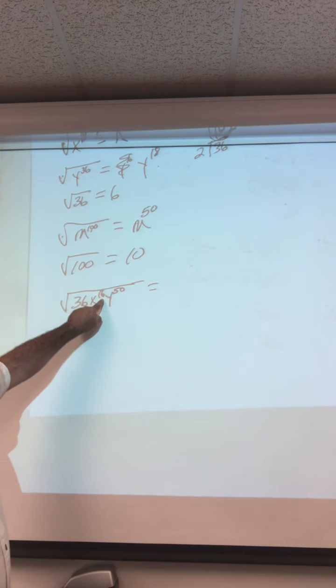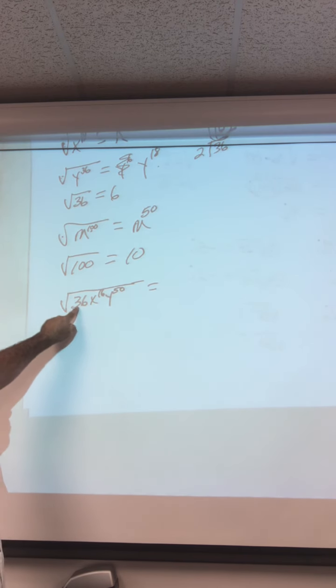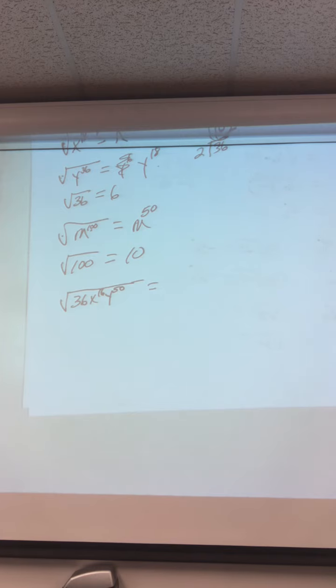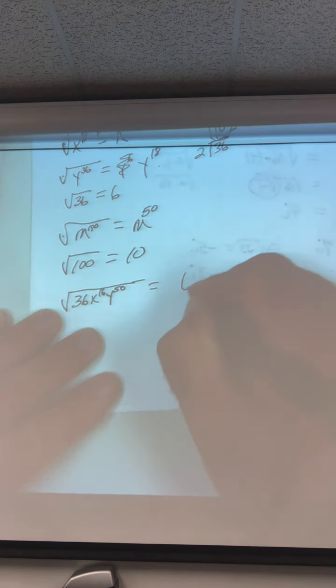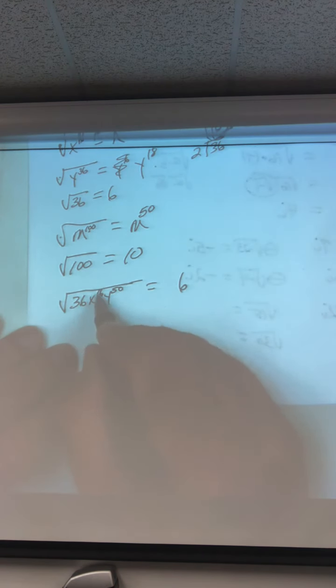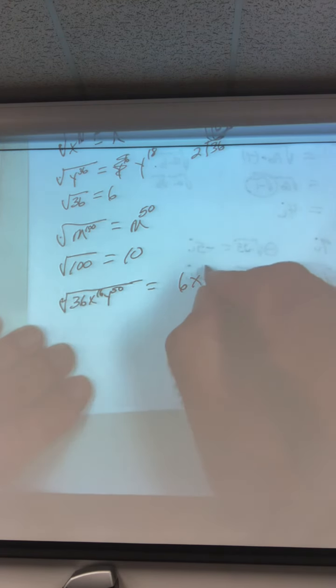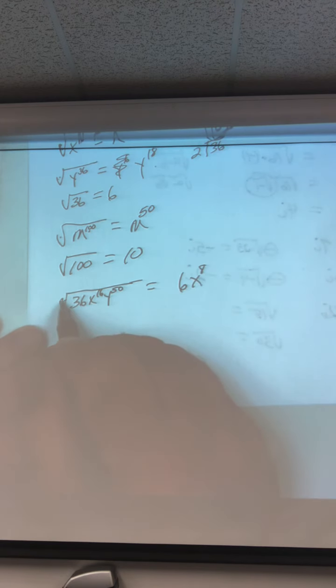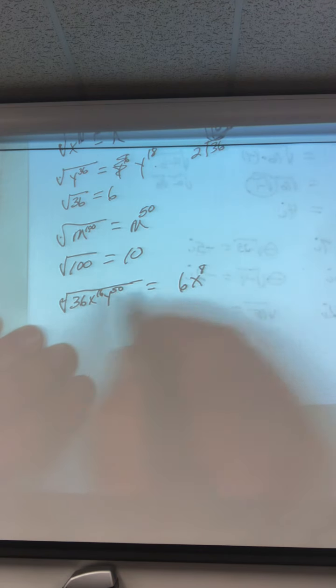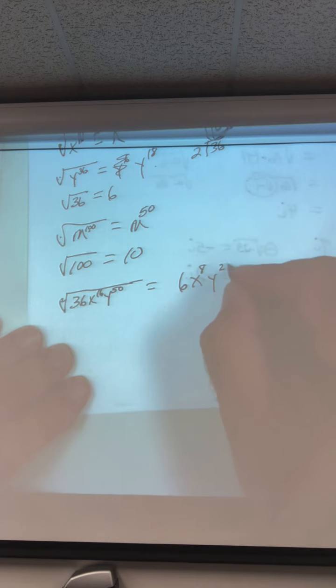So as long as you're multiplying under here, you can do these one at a time. So what's the square root of 36? It's 6. What's the square root of x to the 16th? Divide 2 into 16, because it's an exponent, is 8. And divide 2 into 50, because it's an exponent, y to the 25th.